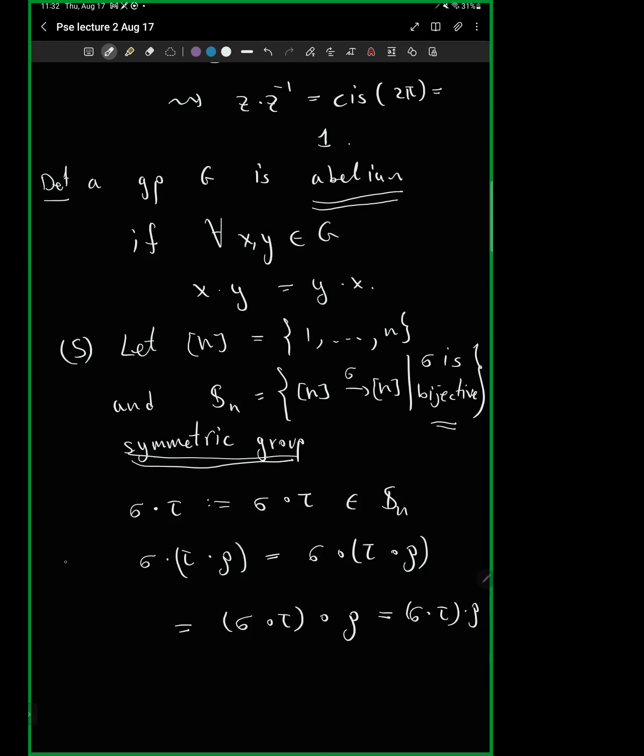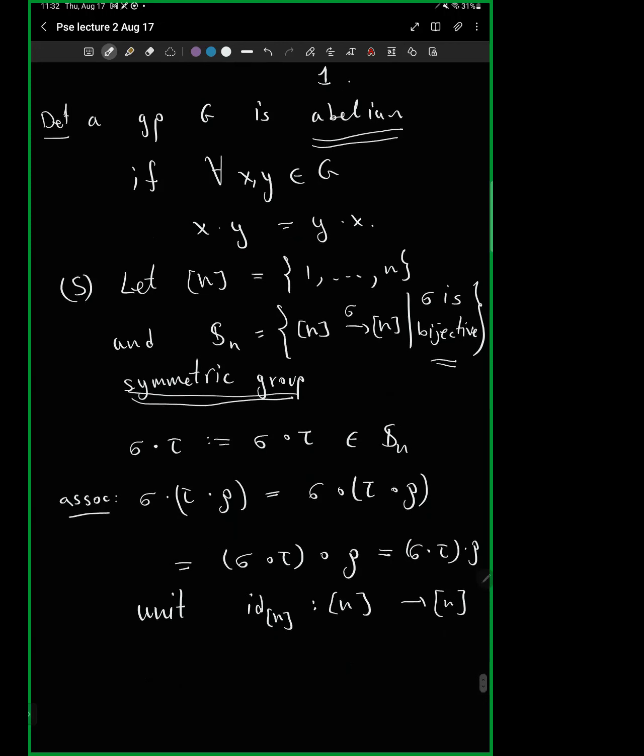So this is associativity. And the unit element is the identity function, identity from [n] to [n]. Of course, if I compose any function with the identity function, I get the other function.